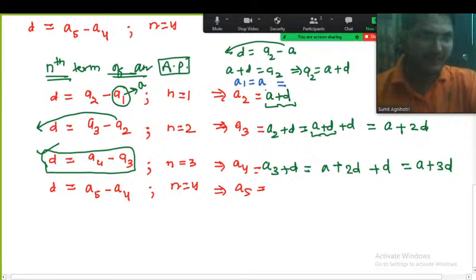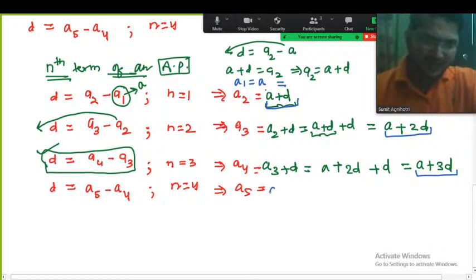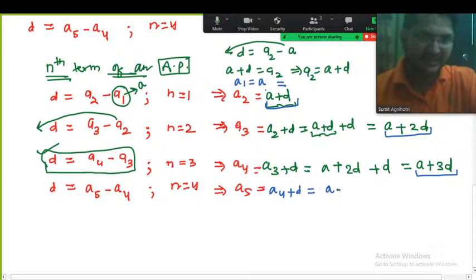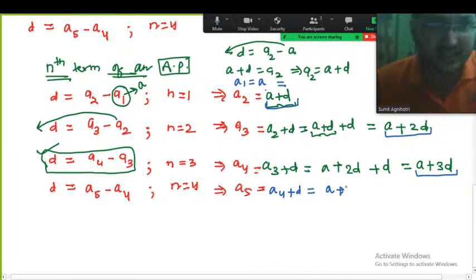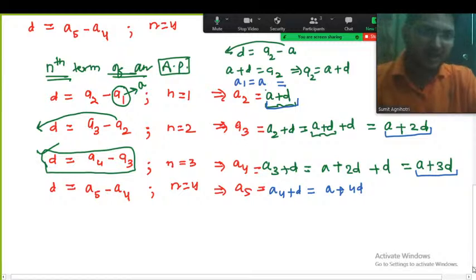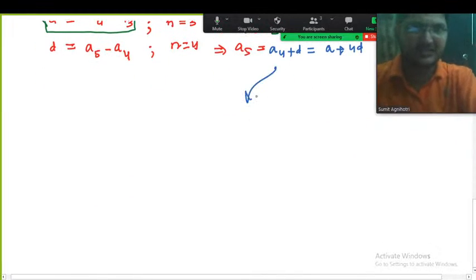Here we got A plus 2D for the third term. Here we got A plus 3D for the fourth term. Similarly, you can conclude about the fifth term: A4 plus D, that is A plus 3D plus D, that will be A plus 4D.